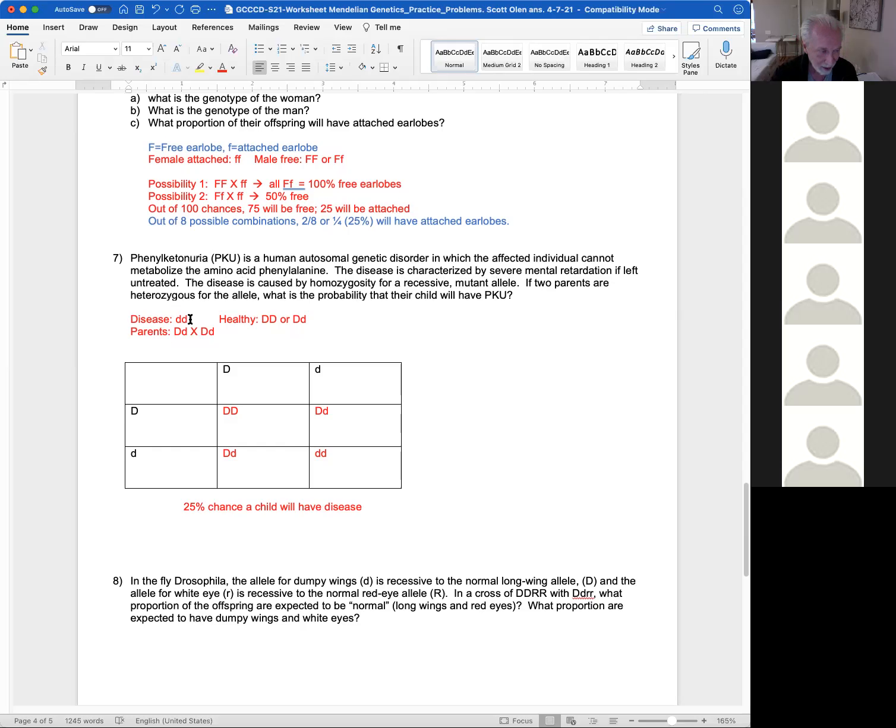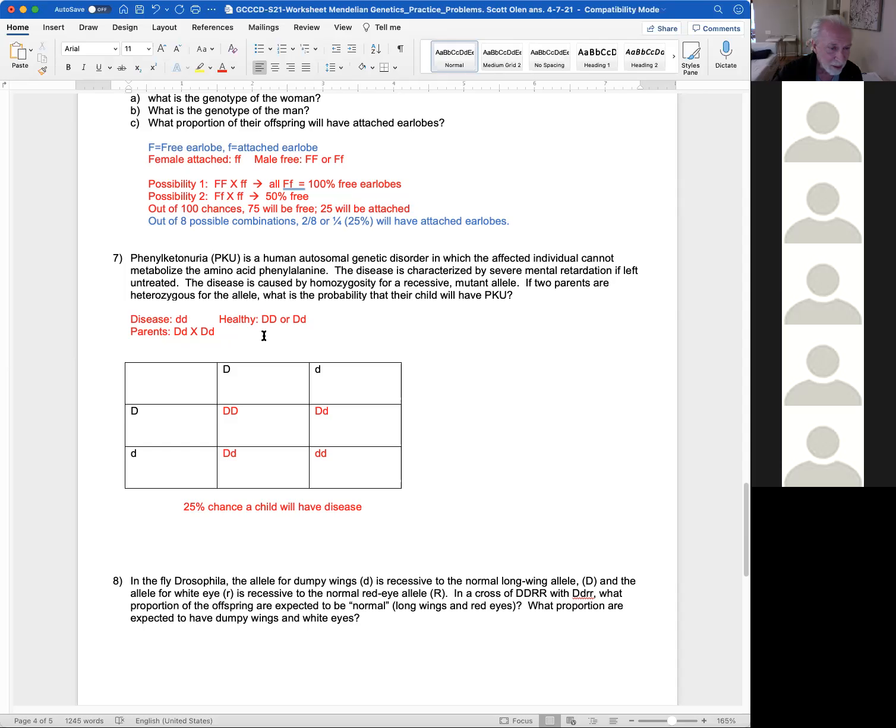So again, we define the gametes in terms of what's diseased and what's healthy. Since we know that the disease only shows up in the homozygous recessive condition, people with the disease are little d, little d, and healthy can be big D, big D, or big D, little d.